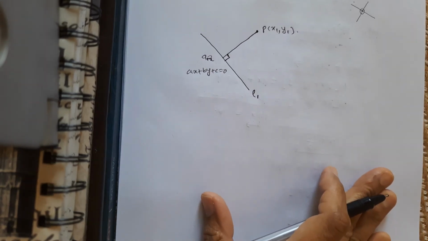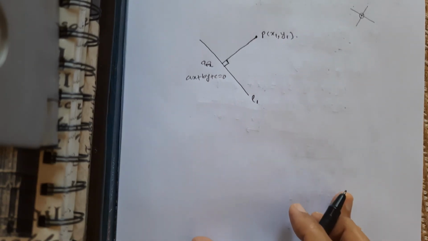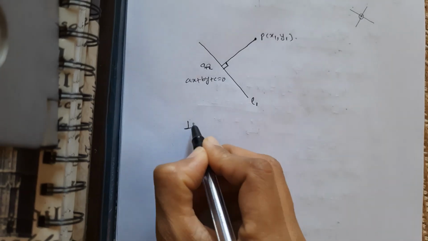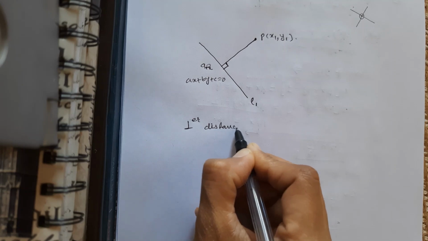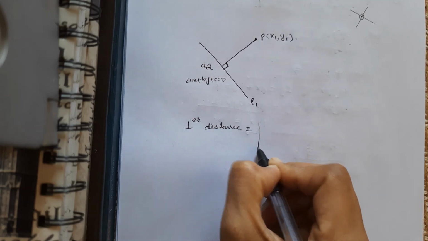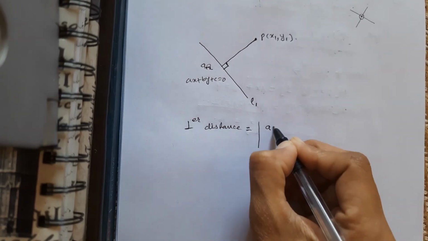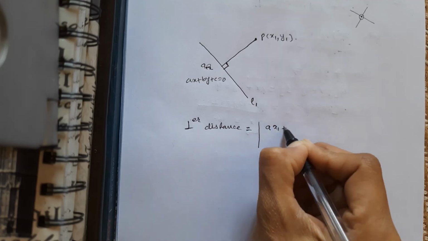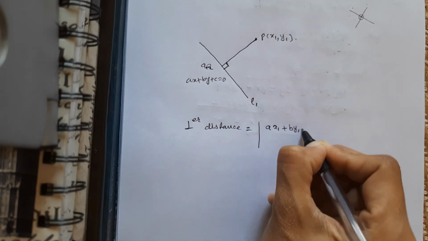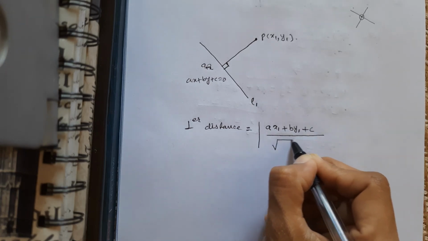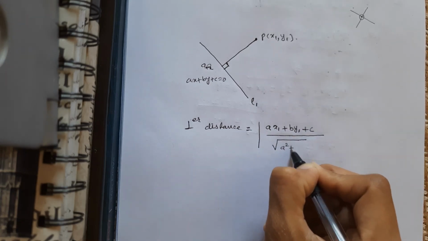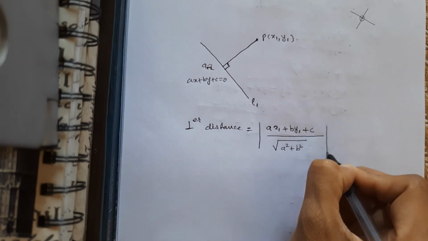So I'm directly writing the formula. This perpendicular distance is given by modulus of a x1 plus b y1 plus c, upon under root a square plus b square.